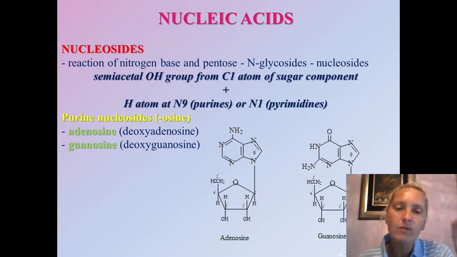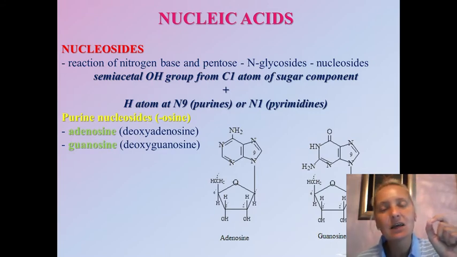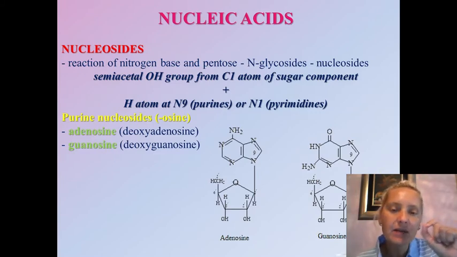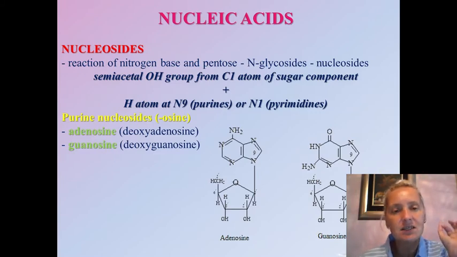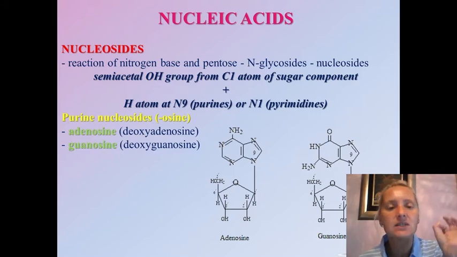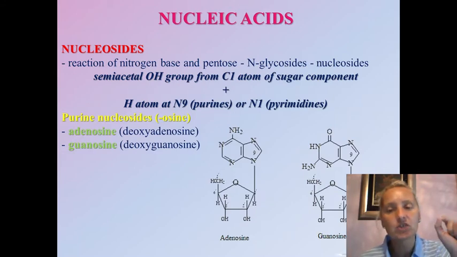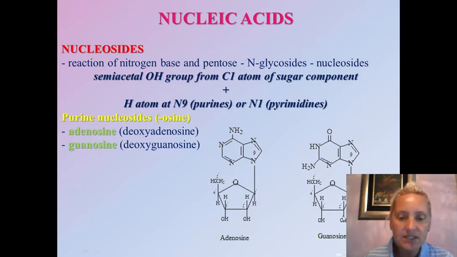Nucleosides are formed, and the bond which is formed is marked as the N-glycosidic bond. So by the definition, the N-glycosidic bond is formed in the reaction of the semi-acetal or hemiacetal OH group from the C1 atom of the sugar component, and you can see it here.